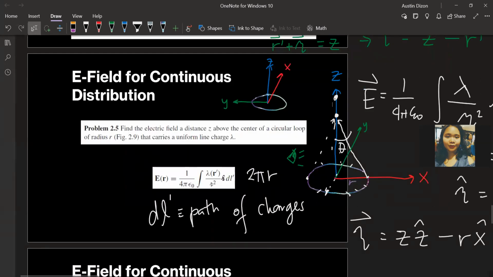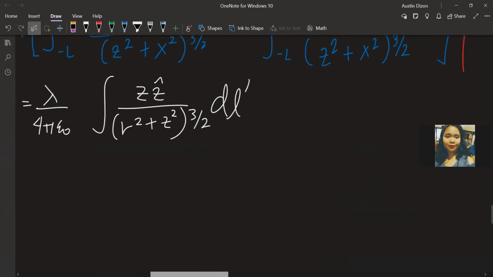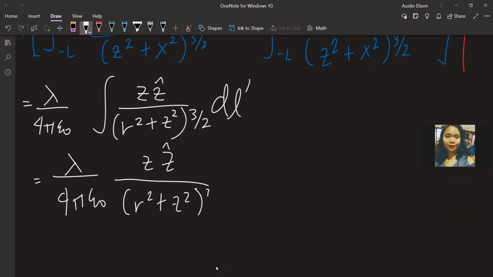That is radius R. So we're left with integrating this as simply as lambda. Everything goes out of the problem. Z hat. Oops. Z hat. And then R squared plus Z squared to the 3/2.